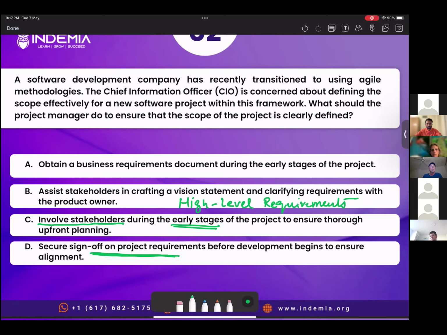So C looks much more oriented towards agile. All right, thank you. So you're saying it includes involvement of stakeholders, so that is the right option. Early involvement. Thank you so much.